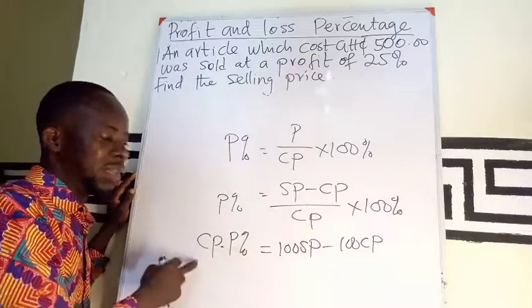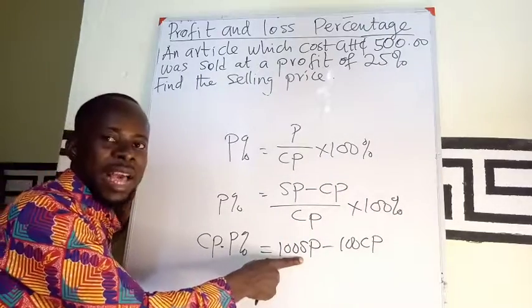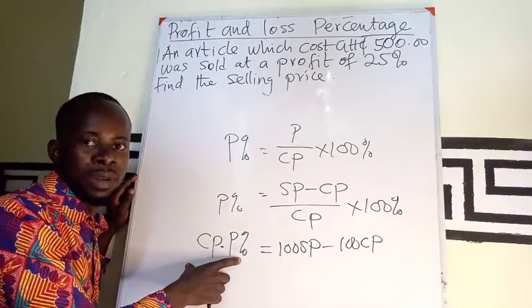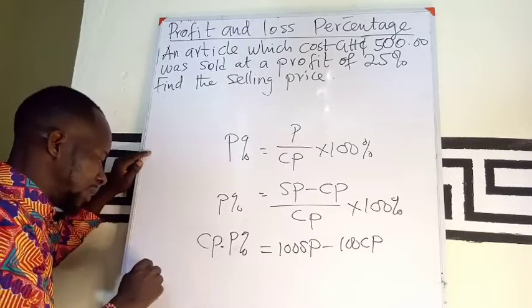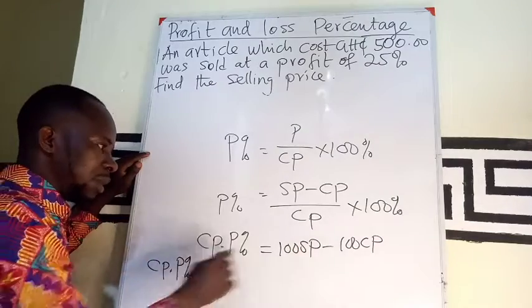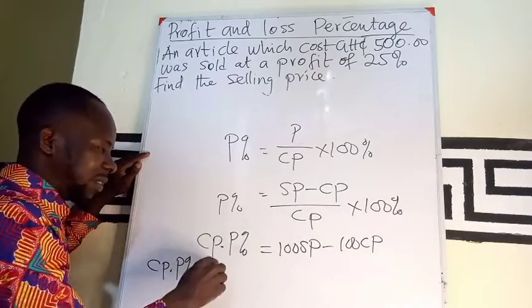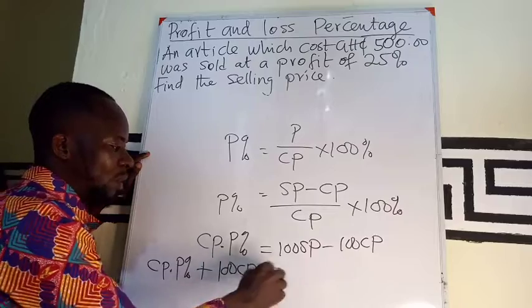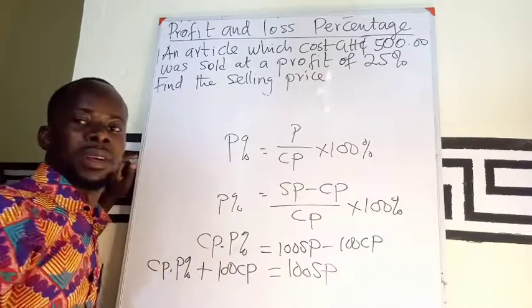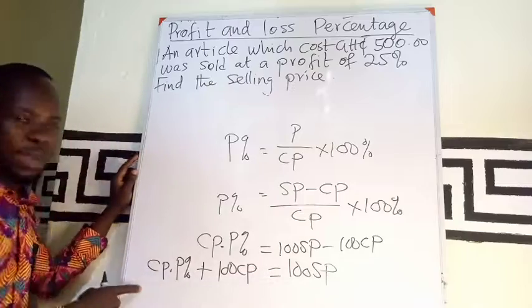The CP is here. We are looking for the SP. So the CP can be grouped with this, like terms. I'll have my CP times P percent plus 100 CP, all equals 100 SP. The SP is now there and the CP is now here.